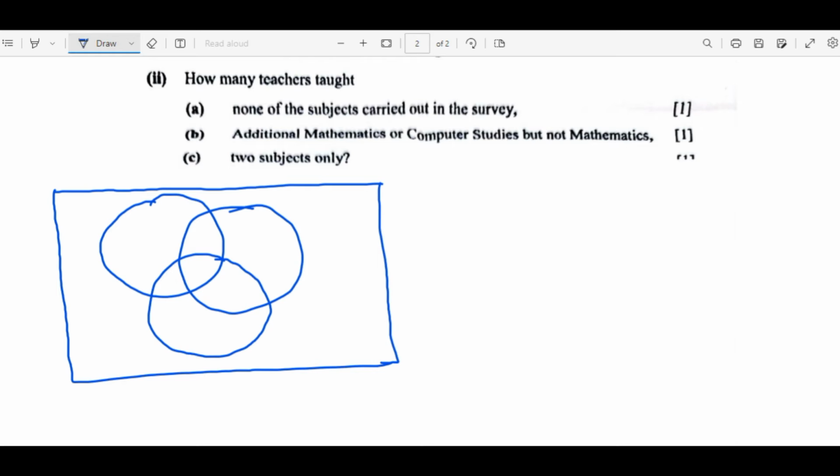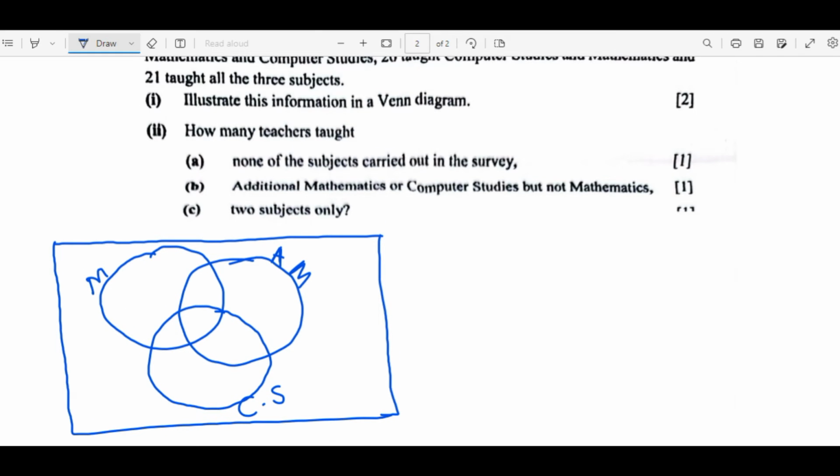So we need to have the intersection of mathematics, AM, additional mathematics, then computer studies, we just say CS. So we need the intersection of the 3 because we have the number that did all the 3. And the number that did all the 3 is the first number that you're supposed to indicate here.